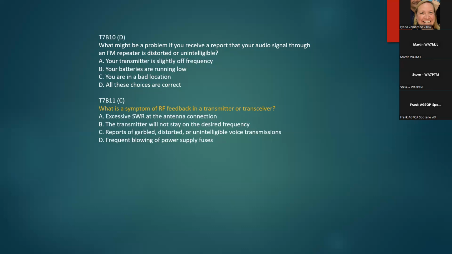It's garbled, or it's distorted, or it's not intelligible. So answer C in this case would be the correct answer for that question. Again, there are only 11 questions in this section.